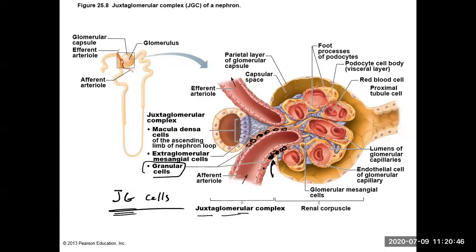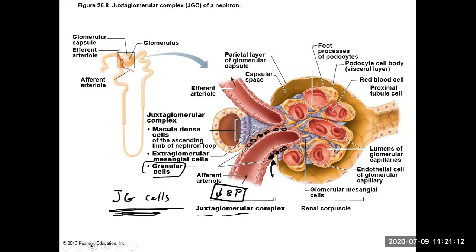They release renin whenever the blood pressure is low. So again, there are sensors in here that can detect the blood pressure. When the blood pressure is falling, let's say you donate blood, the pressure will be low. Right? JG cells are going to produce renin. They're going to release renin.